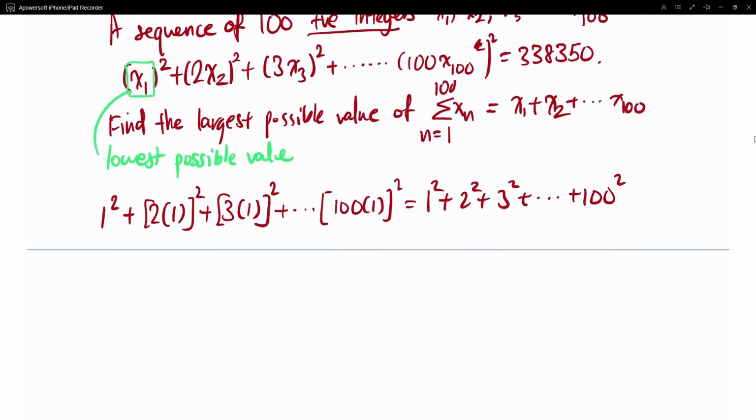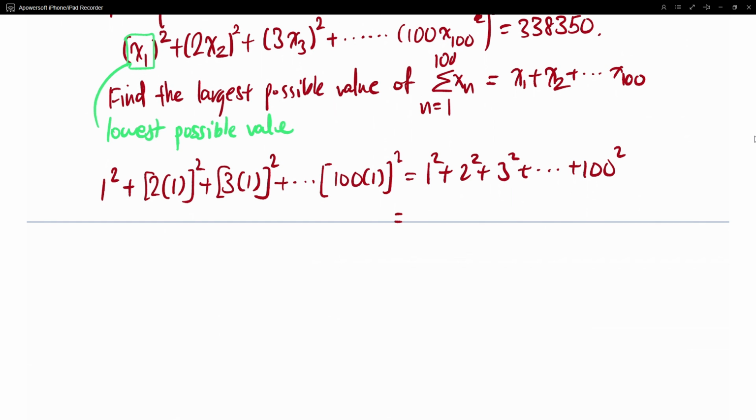And you can solve this using the sum of squares formula. It's given by n plus 1, which is 101, 2n plus 1, which is 201. You take this and divide by 6, that's the sum. Then you can do some simplifications.